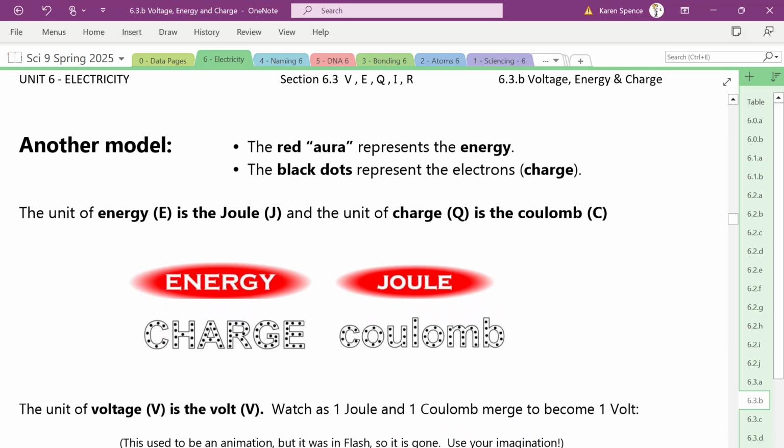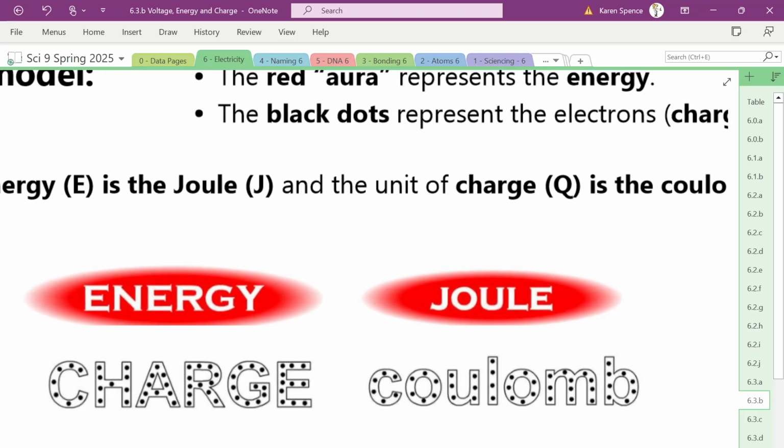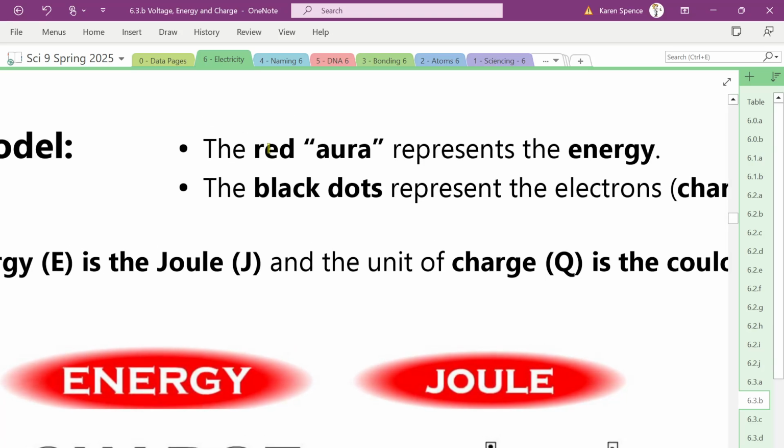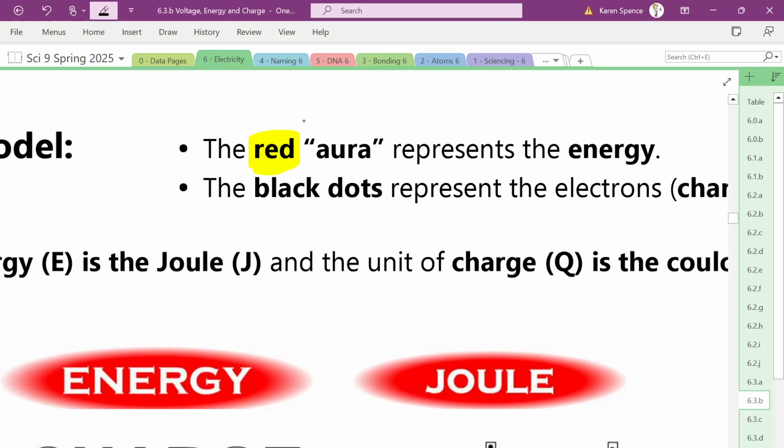Here is another model of energy and charge. Now yours unfortunately are gray, not red. I really wish I could make yours in color. We have this red, or in your book, gray, aura sort of thing that represents the energy.